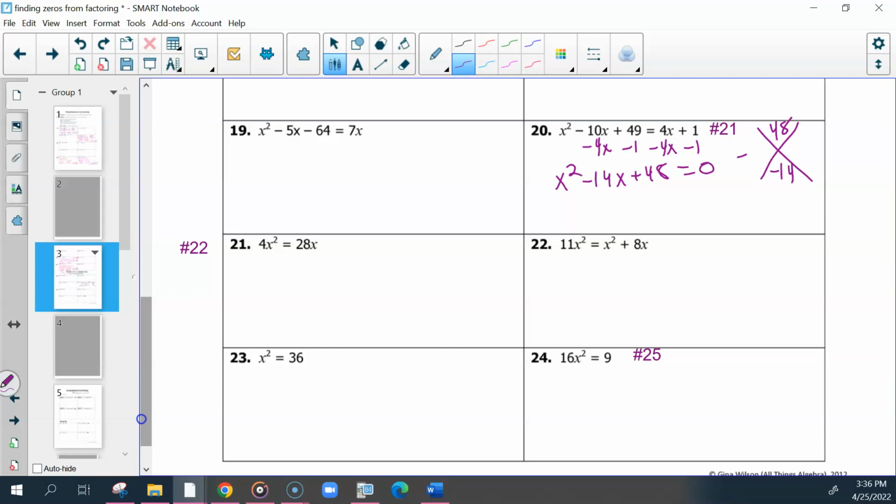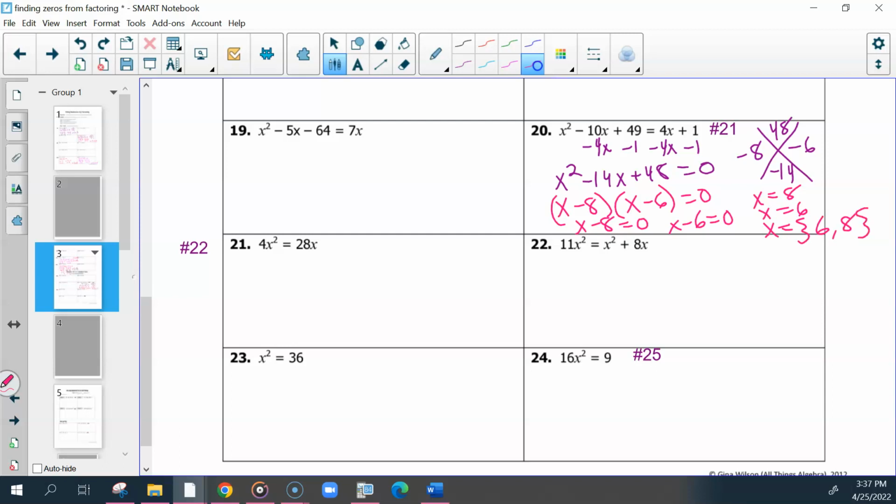This would have to both be negatives, since the 48 is positive and 14 is negative, and negative 8 and negative 6 would work. So we'd have x minus 8 and x minus 6. So our answers would be 8 and 6. So putting that in our curly brackets, we have 6 and 8 inside curly brackets.